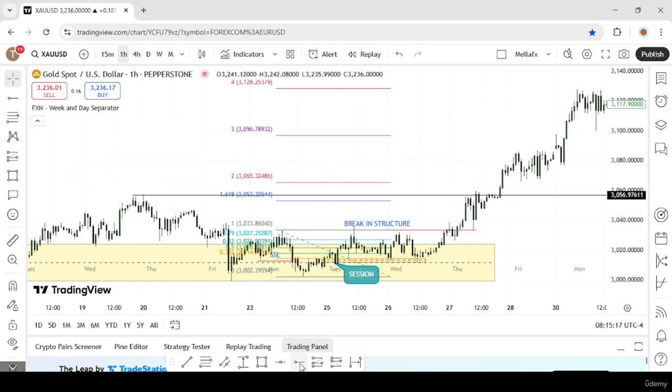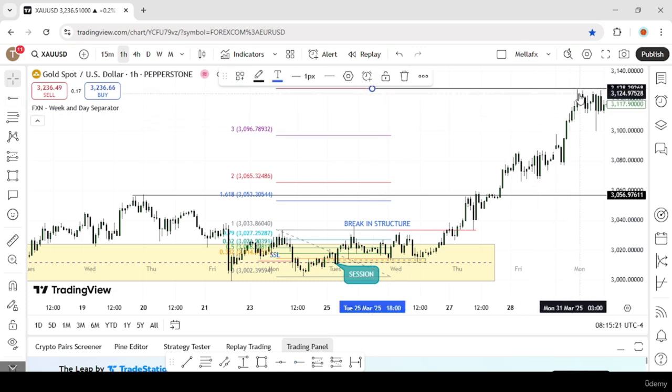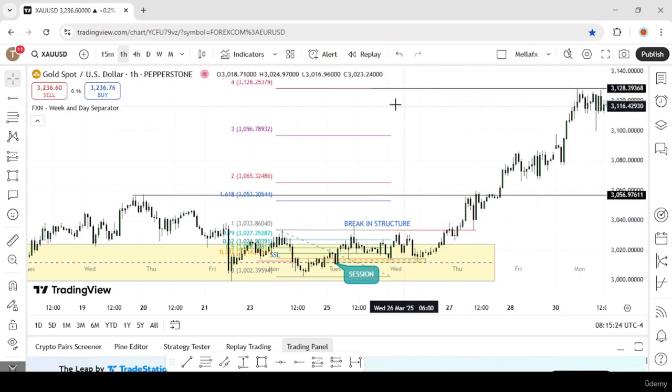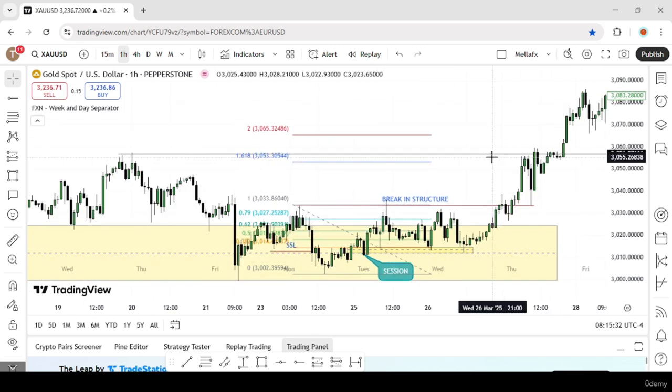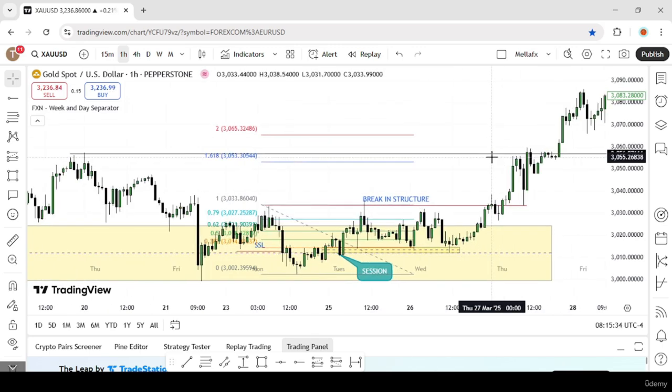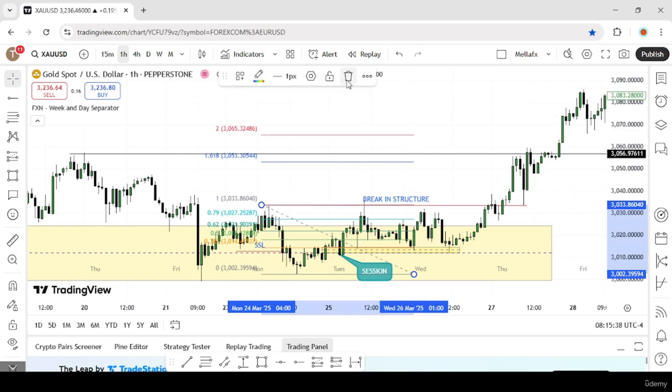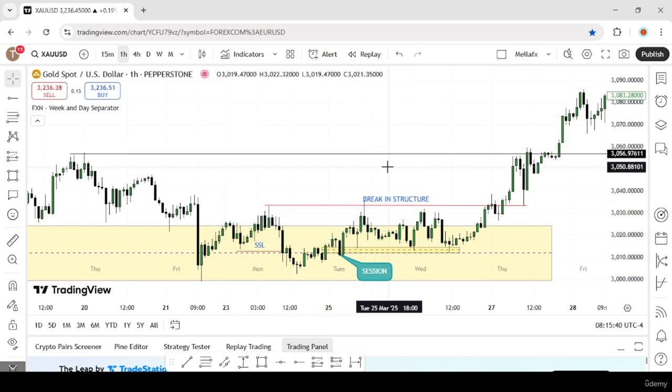So we see how specific to the point we were to hitting this fourth point in the fib tool here. So that's how you can use the fib tool for your targeting tool here. So that's it for this lesson, but we'll look into more examples in the future lessons.